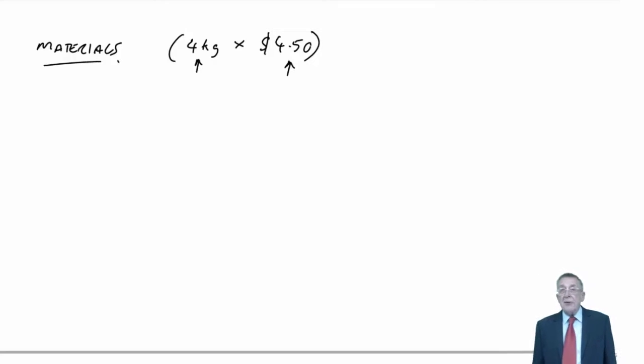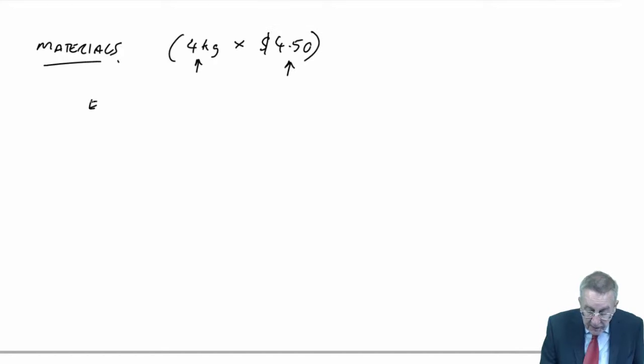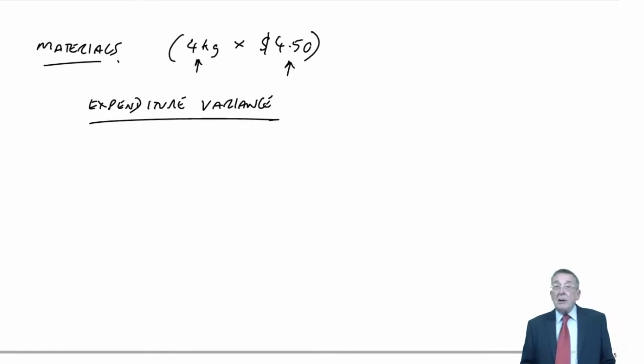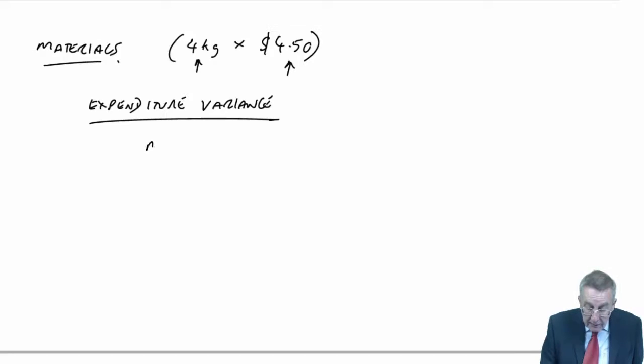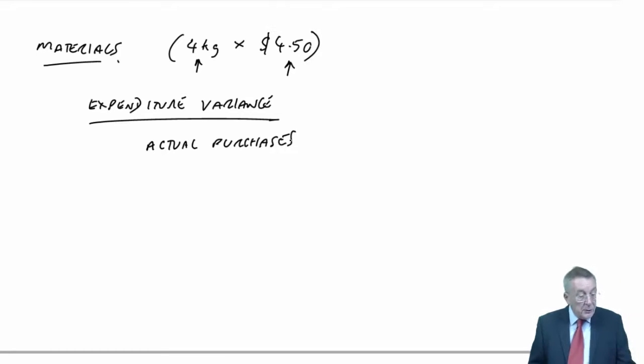The first one I'll look at is the $4.50. Forget whether we used too much or too little. Did we pay $4.50 a kilo or didn't we? And we call this the expenditure variance. To check whether I spent $4.50 a kilo or not, we take what we actually bought, which was what?